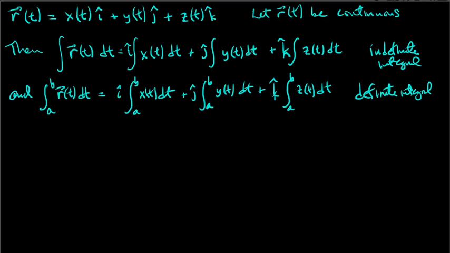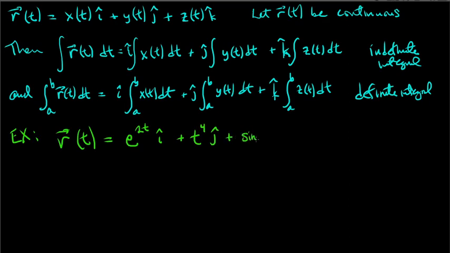So might as well start with a good example here. Suppose r is the vector valued function e to the 2t times i plus t to the 4 times j plus something unusual.